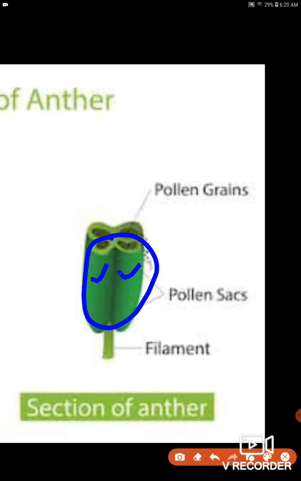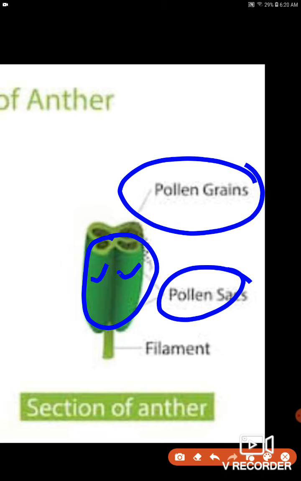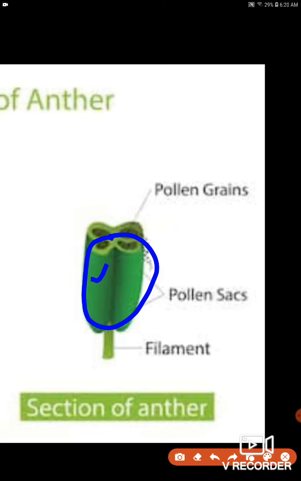So a total of 4 pollen sacs are present in one anther. Each pollen sac contains a fine, powdery, granular structure which is called pollen grain.